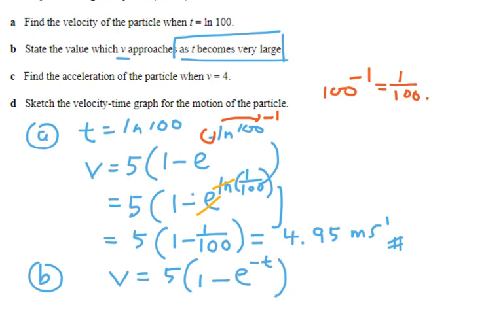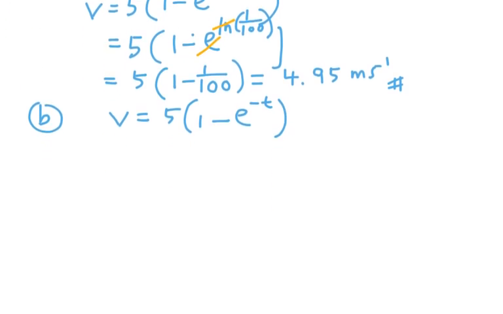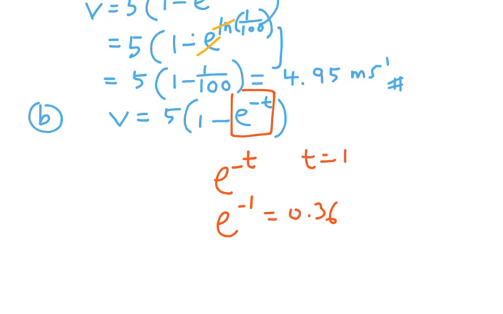Okay, when the t value is becoming very large, look at this particular part, exponential of negative t. Let's say if the t value is equivalent to 1, exponential of negative 1 will give you a value of 0.3678 and so on.